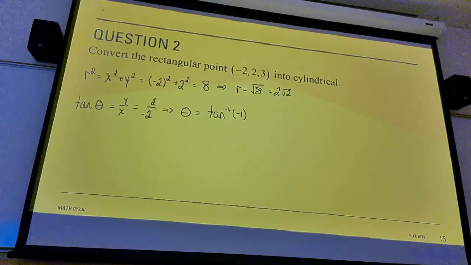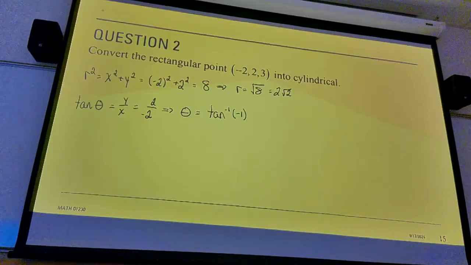So the question becomes, where does tangent of theta equal negative 1, looking just between 0 and 2 pi? What's the second quadrant angle? It's between pi over 2 and pi.